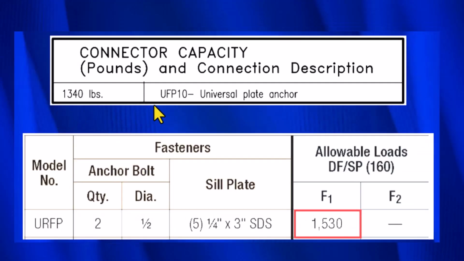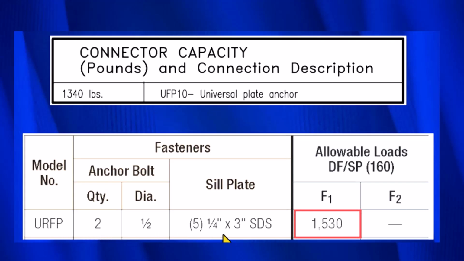This is the UFP10, and these are used, or used to be used, when you didn't have enough room to put in a regular bolt. They no longer make these, and the value for these is 1,340 pounds. Instead, they make what's called the URFP, and the URFP is similar. In fact, you can install it wherever you can install the old UFP10.